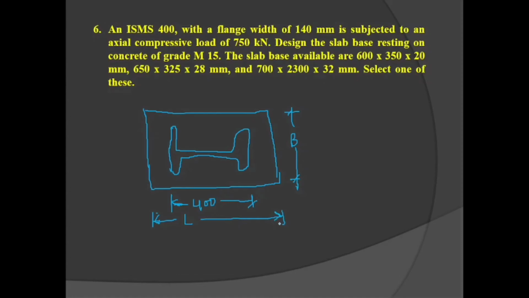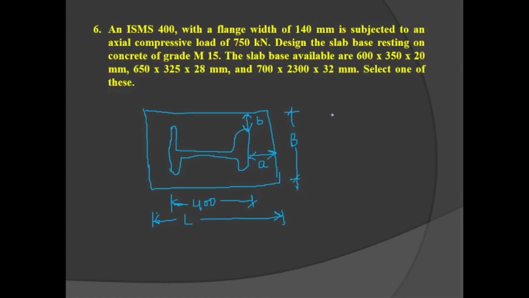So in general, my dear students, we have to fix the values of A and B, because they are the extreme fiber distances, A, and this value is basically small b. Initially we have to calculate the size of the slab base.